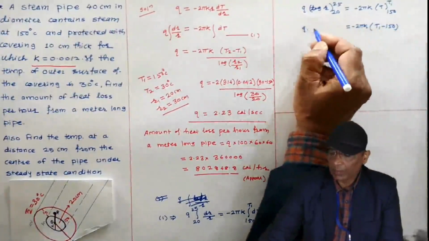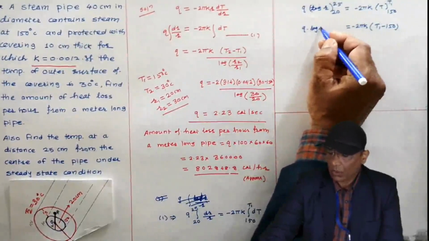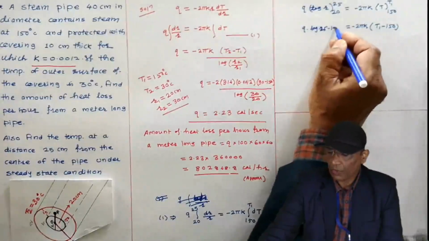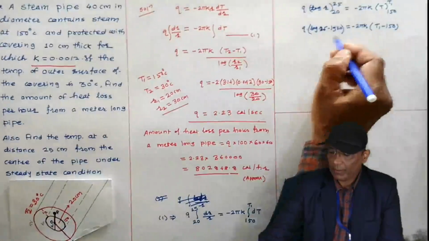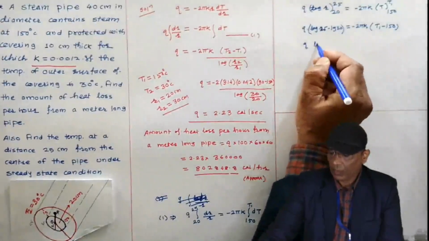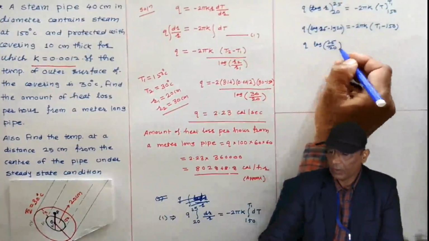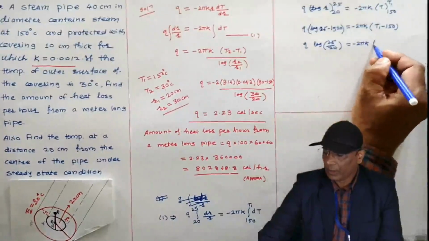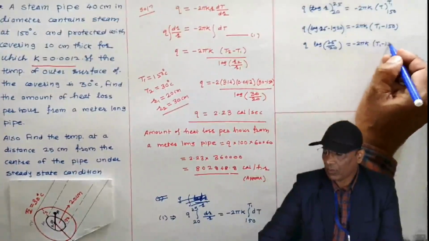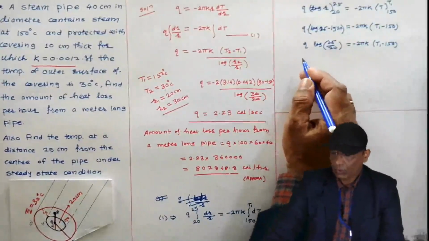This is Q multiplied by log R, or log 25 minus log 20, upper limit minus lower limit. Then log of A minus log of B, you can write log of 25 by 20, equals minus 2 pi k times T1 minus 150. Now, what is the value of Q?